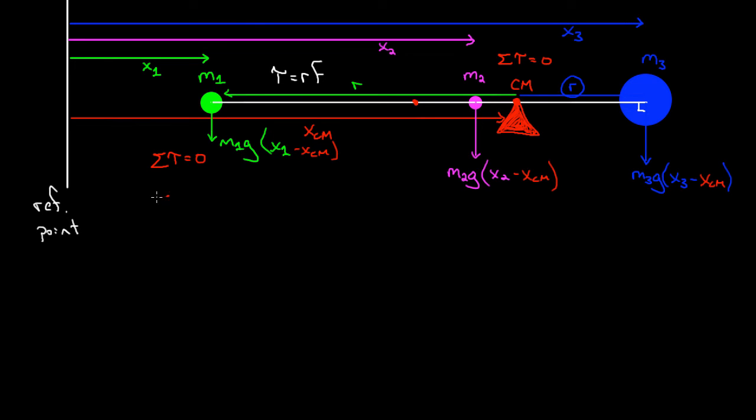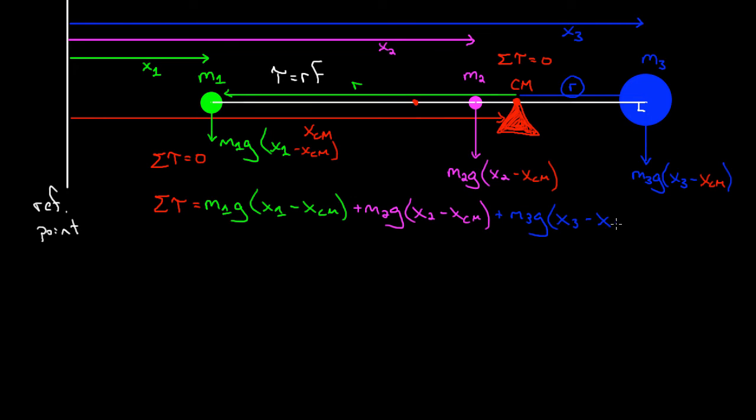So if I do the sum of the torques, I'm going to get m1 g times x1 minus the location of the center of mass, plus m2 g times x2 minus the location of the center of mass, plus m3 g times the location of that mass minus the center of mass.